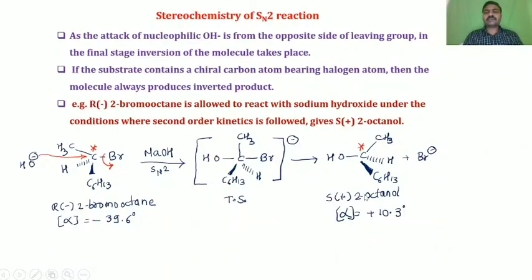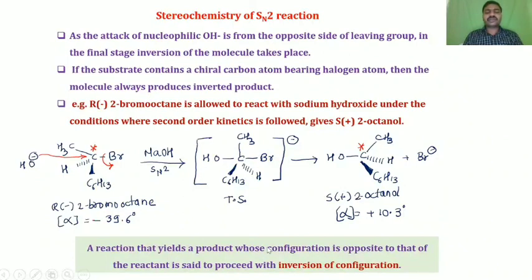So this is S plus 2-octanol, and you can see the optical rotation. R-2-bromooctane has an optical rotation of minus 39.6 degrees, and the product is found as plus 10.3 degrees. That means here the R configuration changes to S. That means a complete inversion takes place in the SN2 reaction.